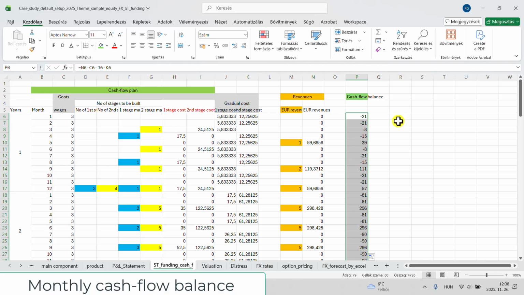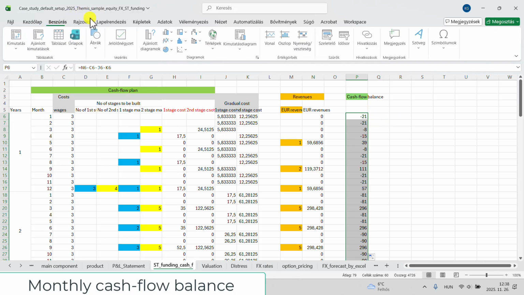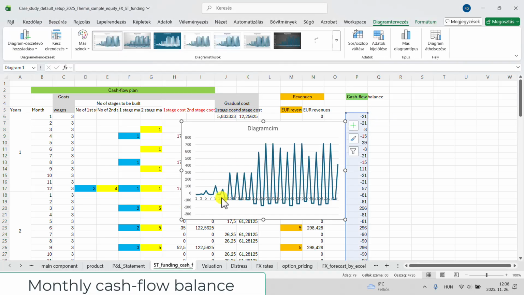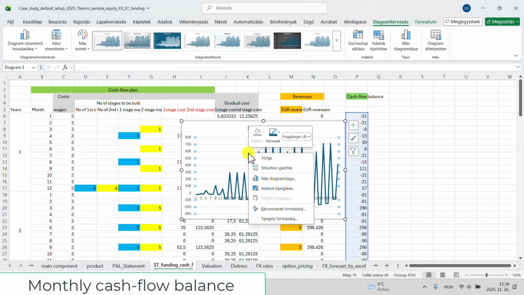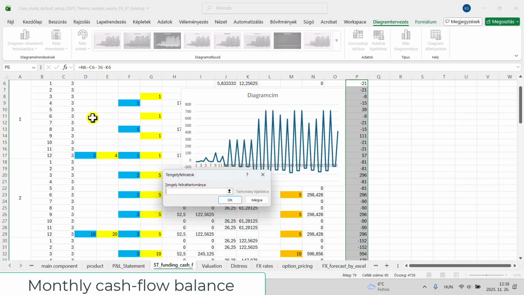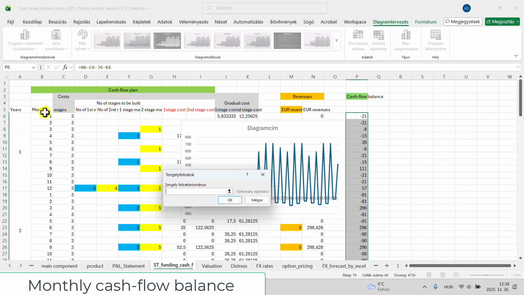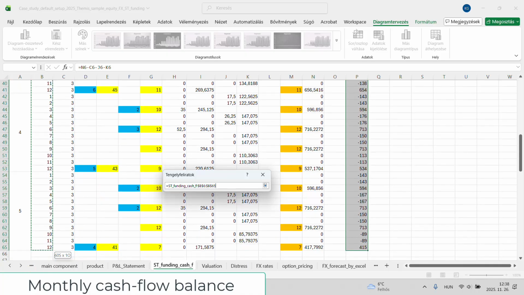By scrolling down, now we can see what is the case. So this is our cash flow balance during the whole time period. Or we can say cash flow imbalance.